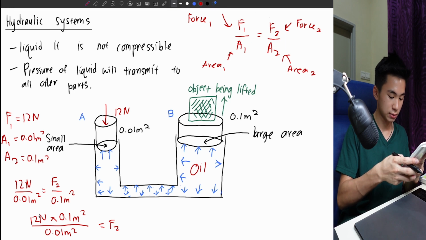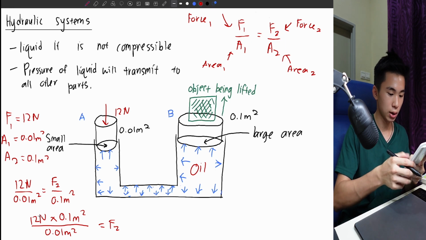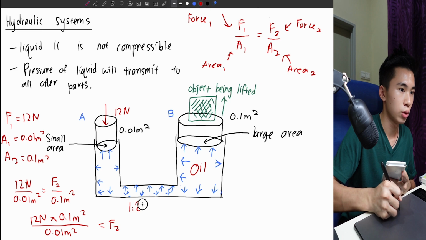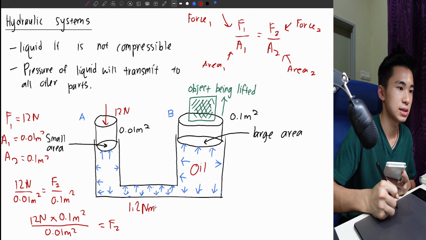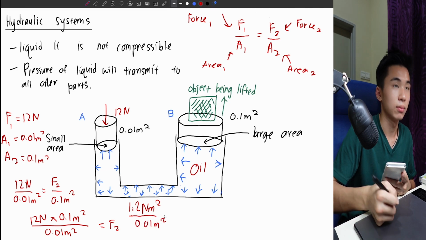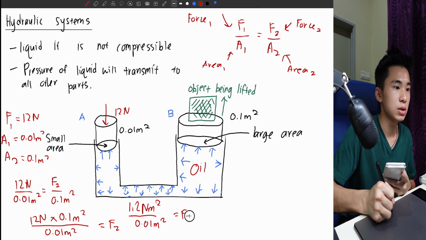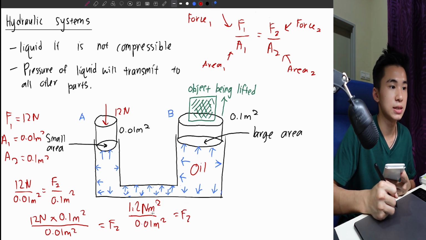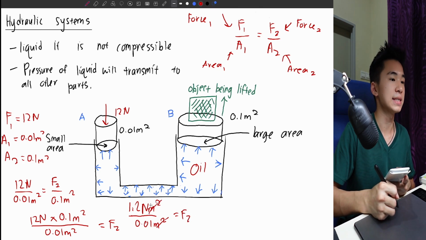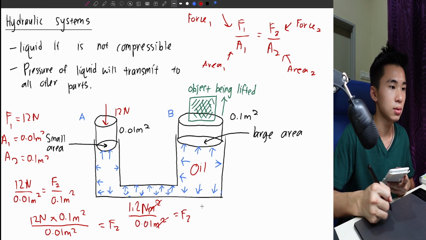So 12 times 0.1 is going to be 1.2 meter square, over 0.01. And right here, as you can see, we have meter square, so we can cut it, and the newton sign remains.